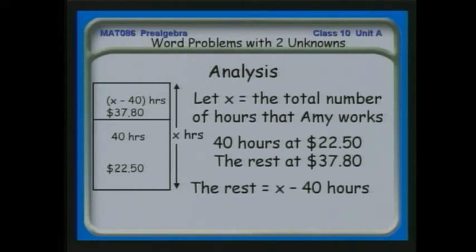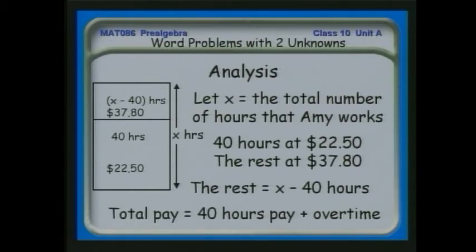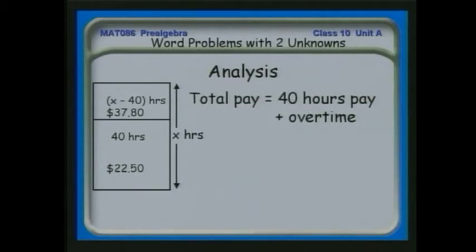Well, the rest is going to be X, the total number of hours, minus the 40 we already know she worked at $22.25. Then we can write the equation that her total pay is the 40 hours of pay plus the overtime pay. Let's see how we'll calculate that. Remember that the total pay is going to be the number of hours times the hourly rate.